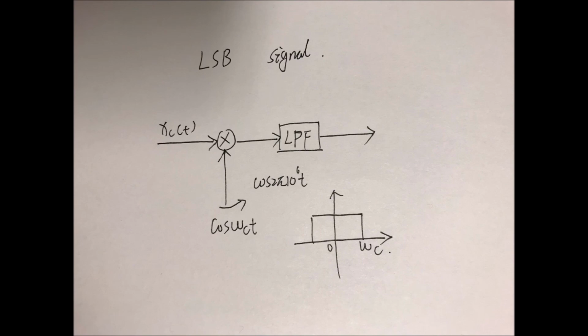We know that the highest frequency of my message is W. So omega c should be at least the same as or higher than W. Let me write it down here. We use cosine 2 pi times 10 to the 6 t. This is my reference based on the given condition. And this is my low pass filter. Your cutoff frequency should be at least higher than the bandwidth of your message.